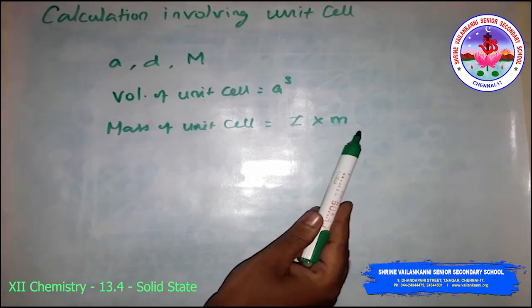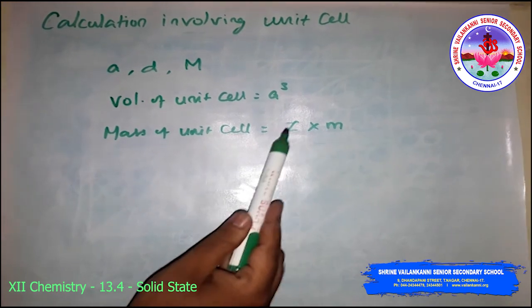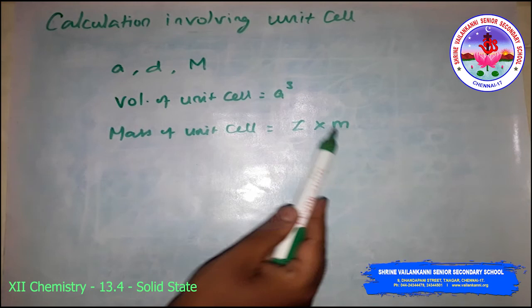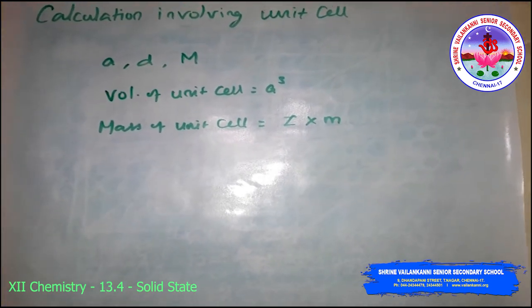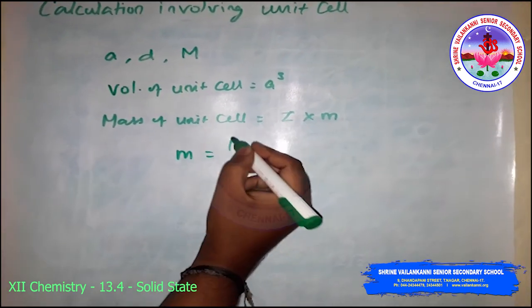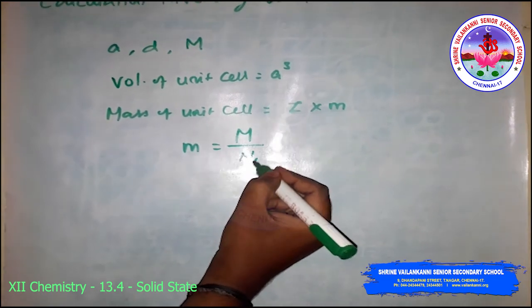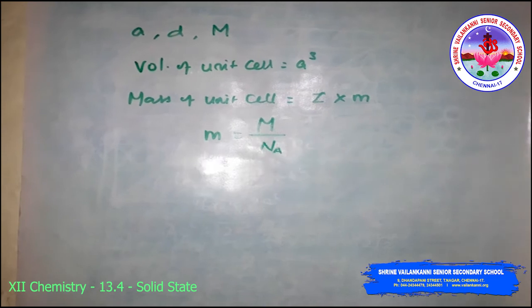So Z is the number of atoms present in one unit cell and m is the mass of a single atom. Then we can write m is equal to capital M divided by Na. This is the Avogadro constant, and M is the molar mass of the substance.